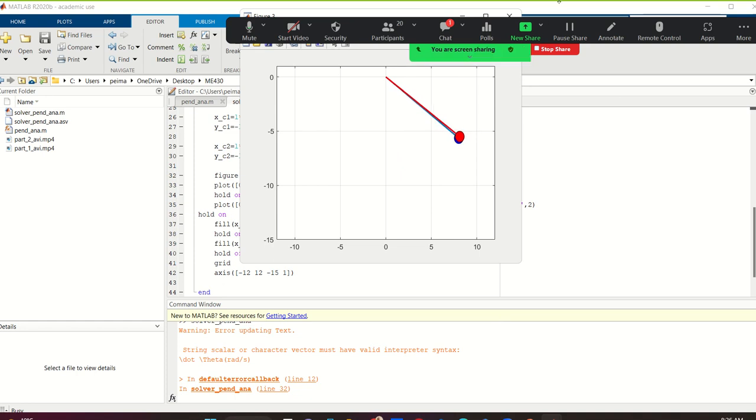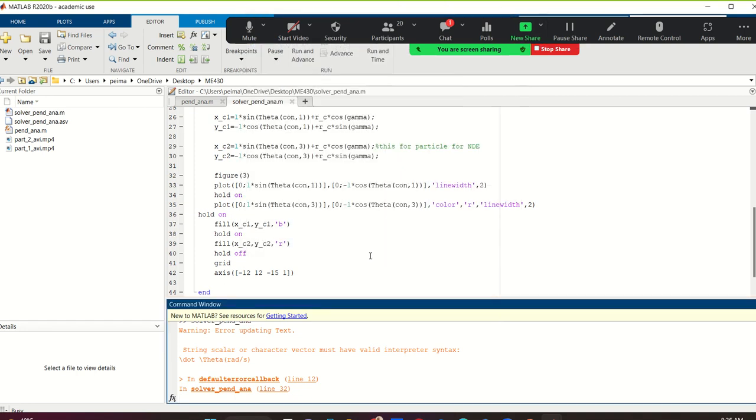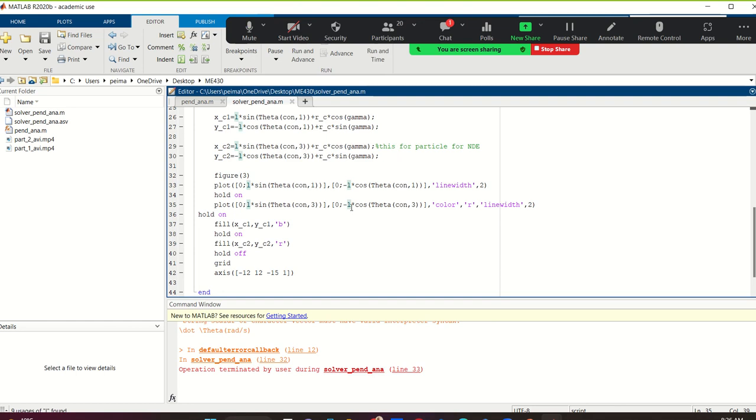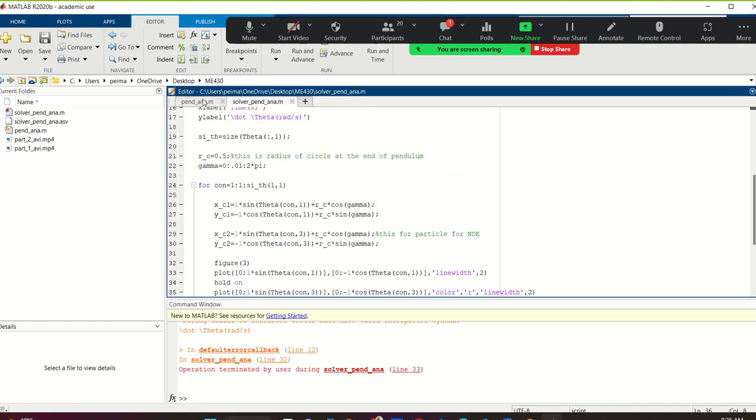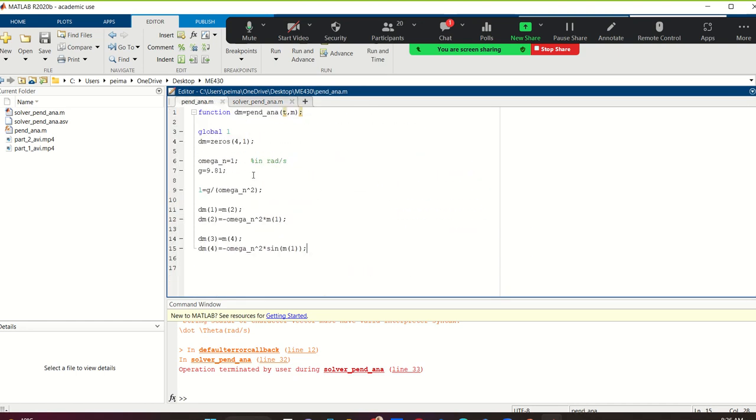Yeah, hold on. Where? This or this? This line? Oh, okay. So remember that before doing this, we had only M1 and M2. M1 for the angle of the pendulum, M2 was for the angular velocity of the pendulum, right?